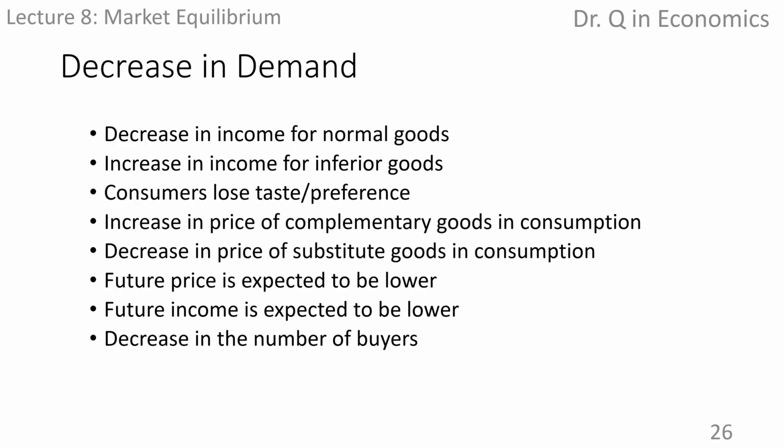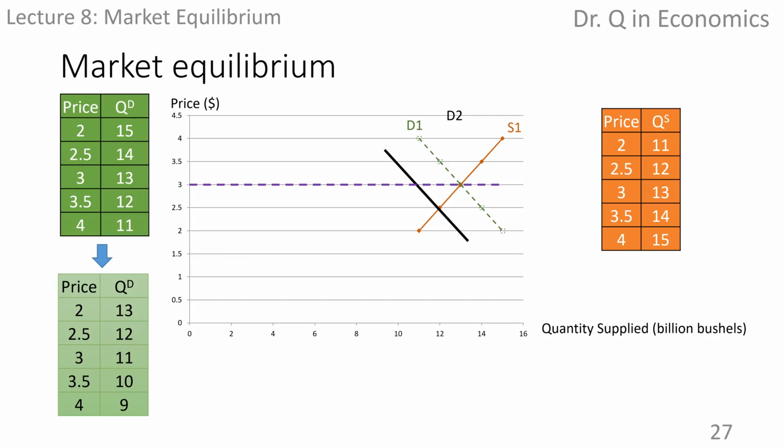On the other hand, if one of these determinants results in decrease in demand shifts left-hand side, supply does not change. At price of $3, the quantity supplied by producers can be found on supply curve. It's still 13 billion bushels, but the quantity demanded changes now.